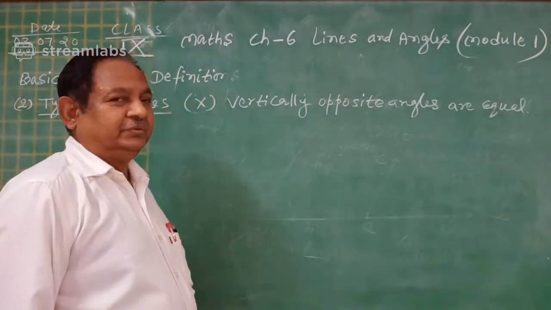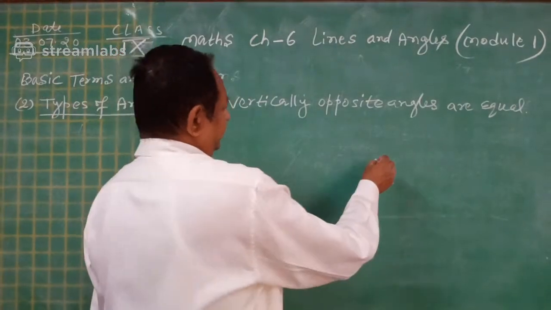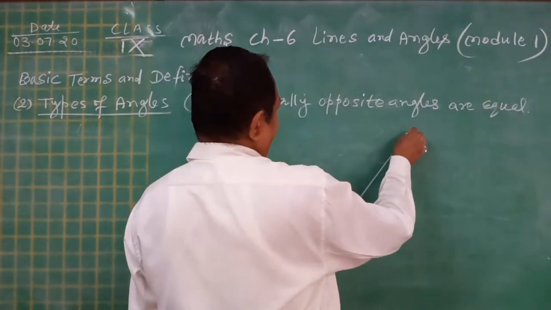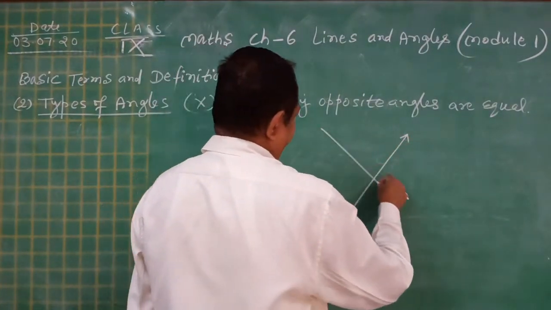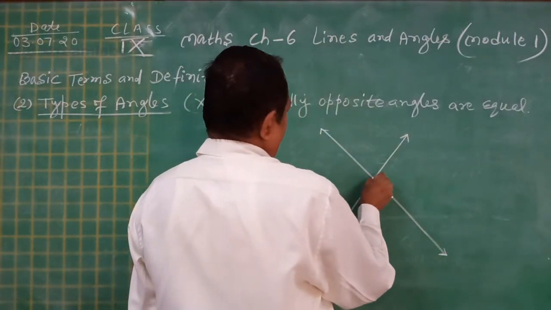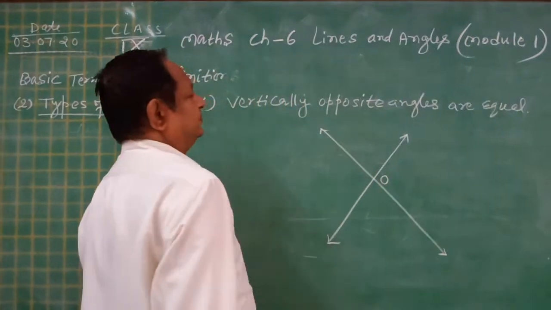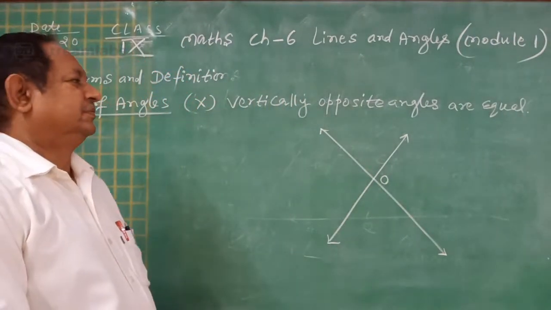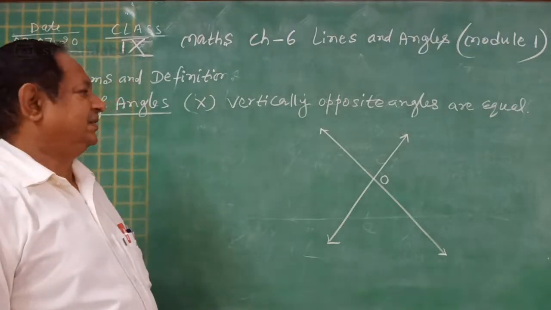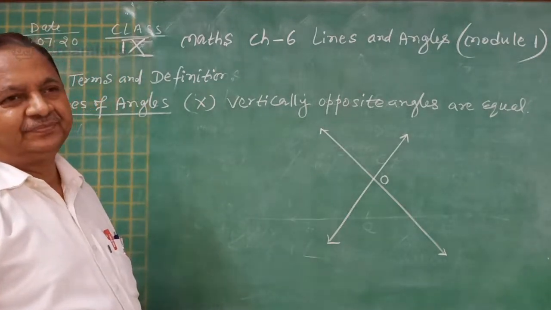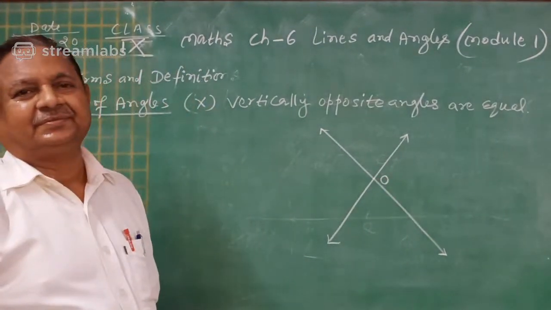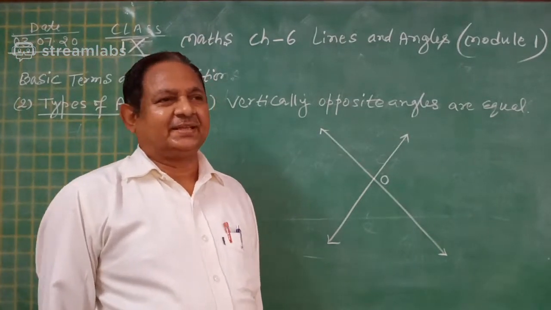So when two rays are intersecting, two lines are intersecting each other at a point, say at point O. When two lines intersect at a point, this common point is called the point of intersection.